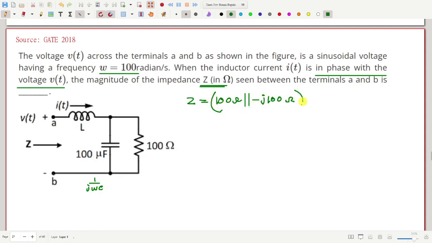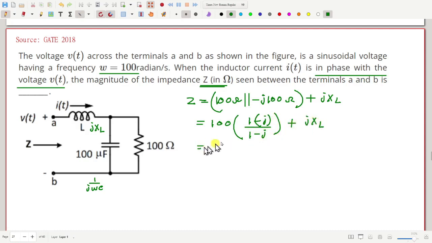Now together with this we have an inductor, so plus, if it is XL, let me call it JXL, then plus JXL. So this is equal to 100, I can take common, then 1 parallel minus J, so 1 times minus J divided by 1 minus J, plus JXL. This is in ohm, and so 100. So if we simplify, what do we get?